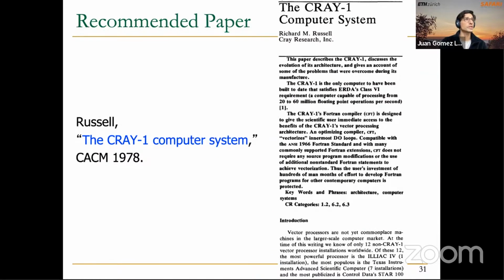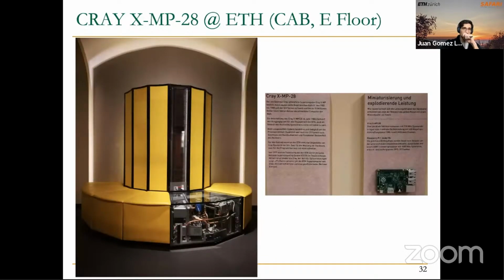You can read more about this in the original paper. And if you're even more curious, you can go on an excursion to the CAB building of ETH, where you will find one of these Cray systems, actually from sometime in the 80s.